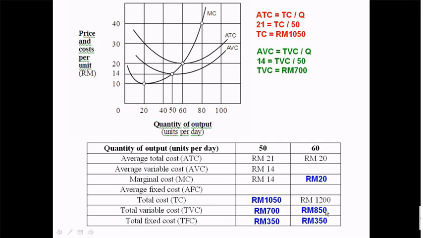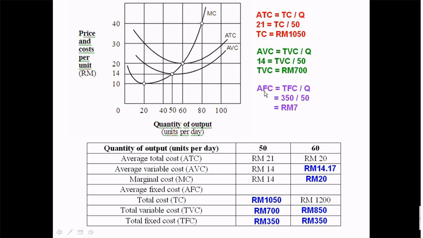Once we have TVC, we can divide by 60 units, then we should be able to get average variable cost. So the answer here is 14.17. This is TVC 850 divided by 60 units, 14.17. Lastly we have the average fixed cost. You should have no problem doing this because you have the total fixed cost, so it's easy to find the average fixed cost.